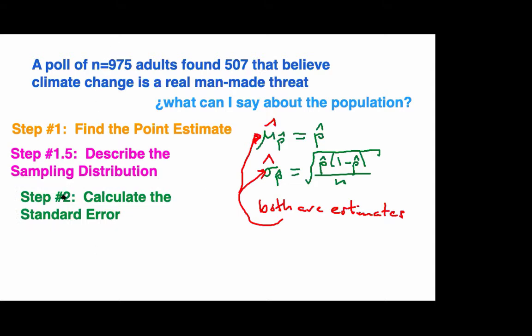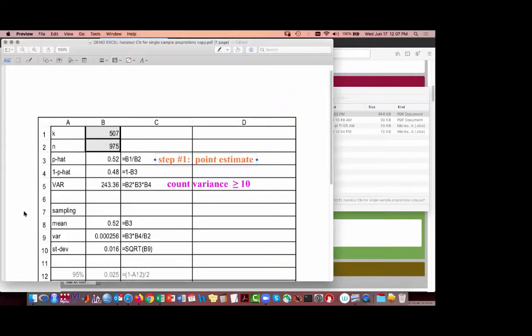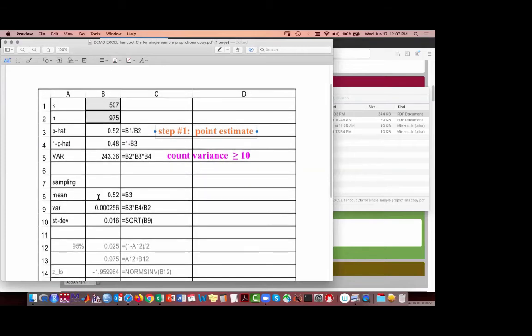So the standard error is this value right here. Let me go back to the other screen because that's what we have here. We know that the mean is 0.52. All I've done here is calculate the standard error. Let me make this a green, preferably a dark green. So this is the standard error.